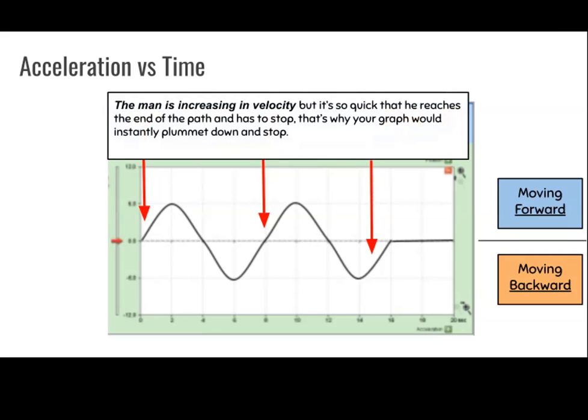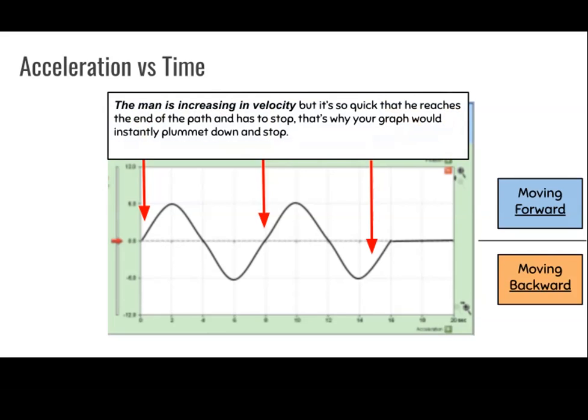He's getting faster. I put a lot of extra words in here because I wanted to address the moving man activity. Some of you were getting really frustrated with the moving man activity for the acceleration, because what this means is that he's getting faster and faster every second.